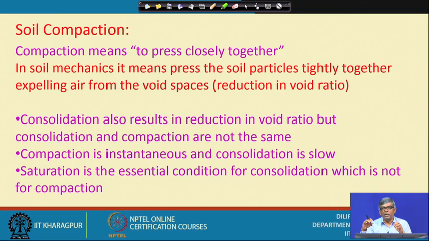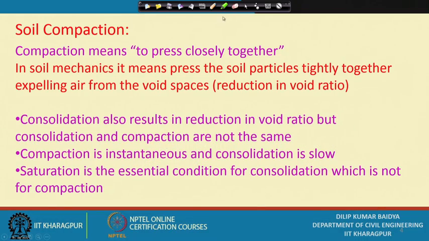When we somehow manage to make the water come out, then the same amount of volume of soil also compresses. So, that is also a reduction of void ratio, and in compaction also, by some means, we are reducing the voids, bringing the soil closer and reducing the volume.